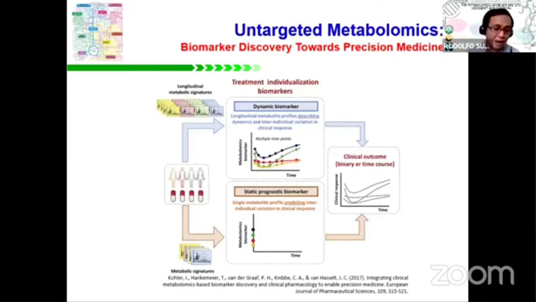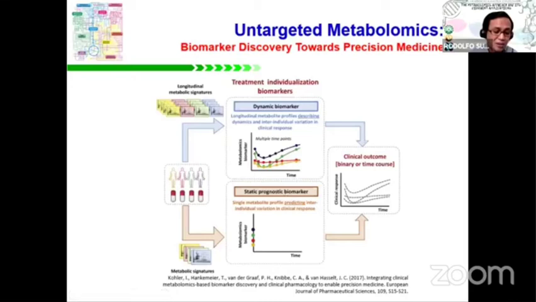Now, I think it is important in clinical medicine, when you apply metabolomics in the clinical setting, that the biomarkers could be dynamic or could be static prognostic biomarkers. So what's the difference between dynamic and static prognostic biomarkers?